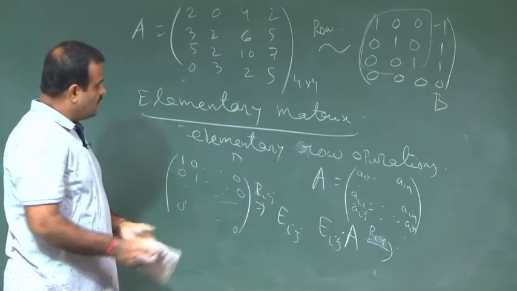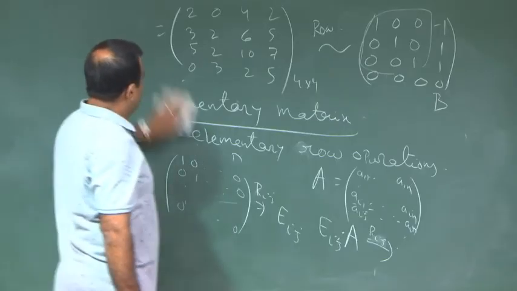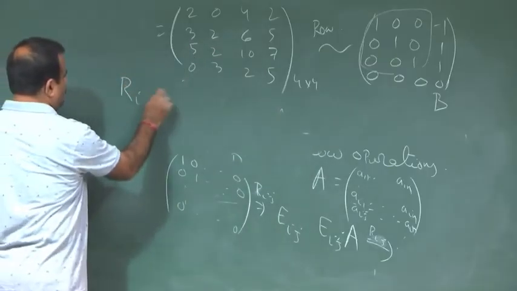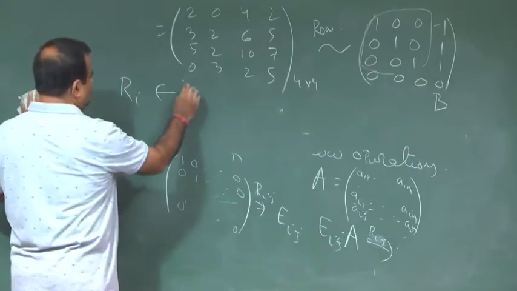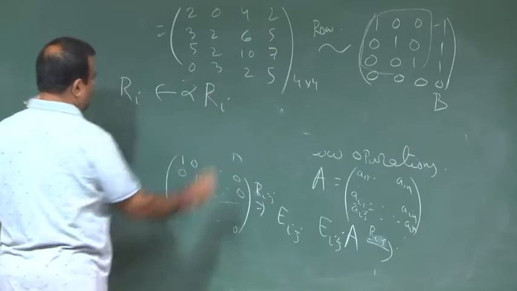Similarly, the other two row operations are the same. If we want to replace R_i by some constant alpha times R_i, what do we do?